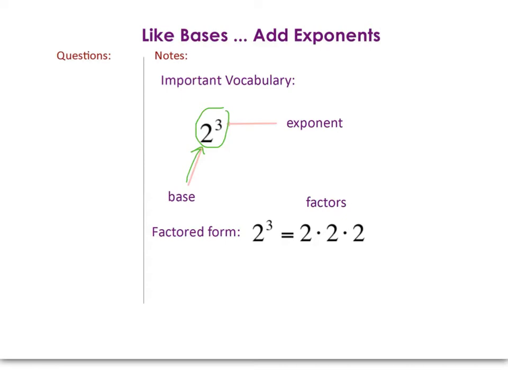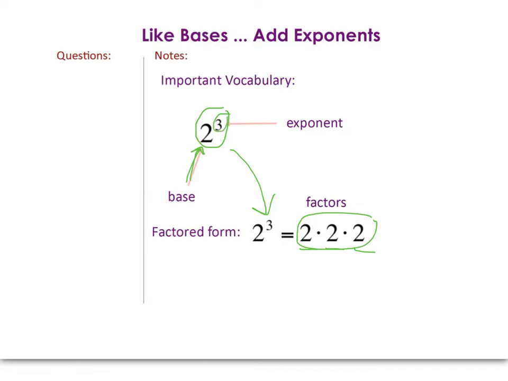So in this example, I have 2 to the third, meaning I'm going to have 2 times 2 times 2. I multiply 2, which is my base, by itself 3 times because 3 is my exponent.